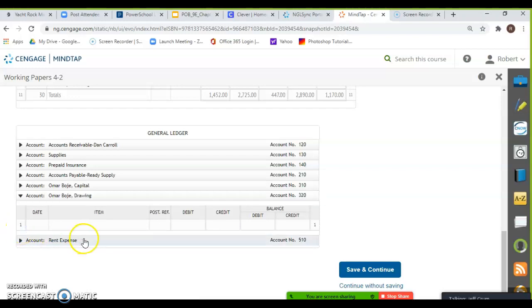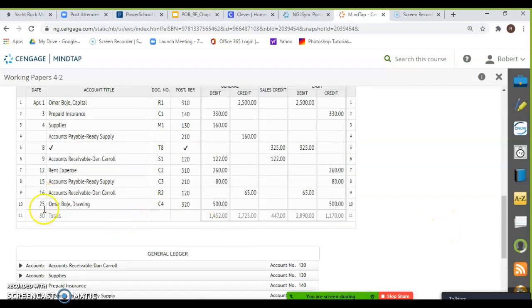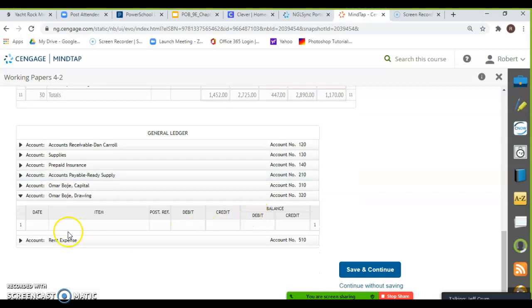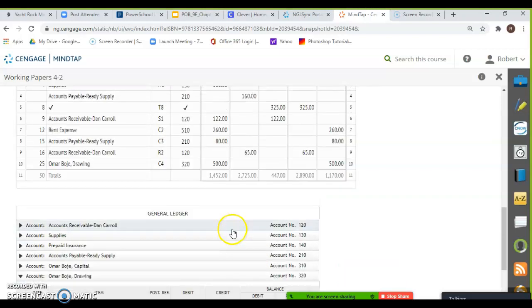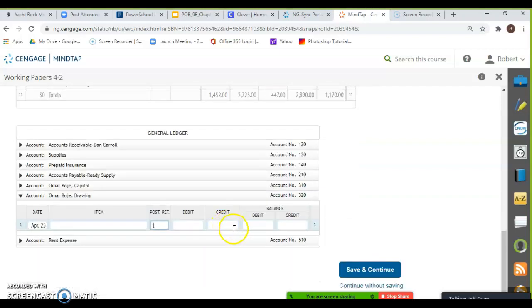And we'll do the drawing. Drawing was on the 3rd or the 25th for a $500 debit. $500 debit, and then 500 debit.